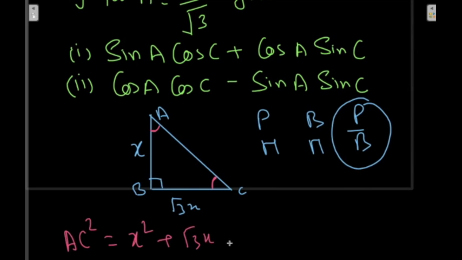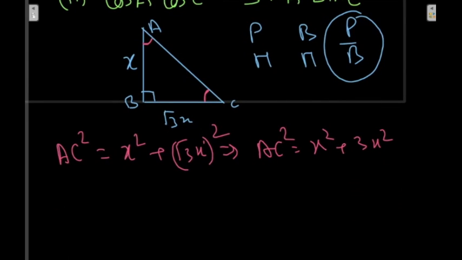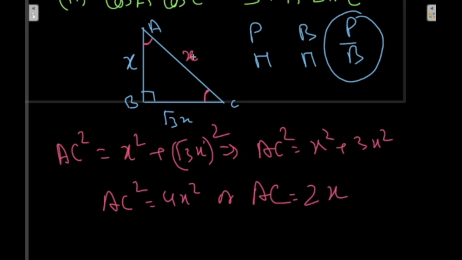AC square will be equal to x square plus 3x square, or AC square is equal to 4x square, or AC is equal to 2x. So this is 2x. Now we have all the three sides. This is 1, this is under root 3, and this is 2.